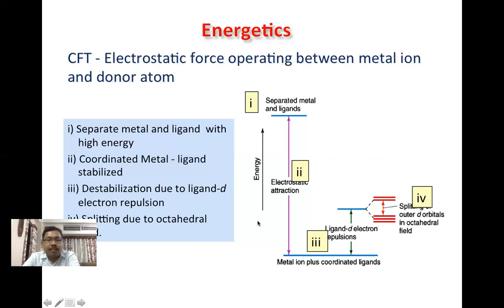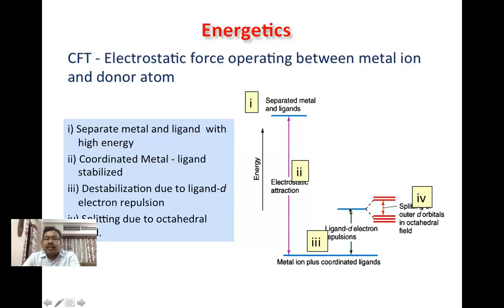But at the same time, there occurs a repulsion between the ligand and the d electrons present in the metal, which will result in a sudden increase in the energy of the system, and that is indicated by this line.